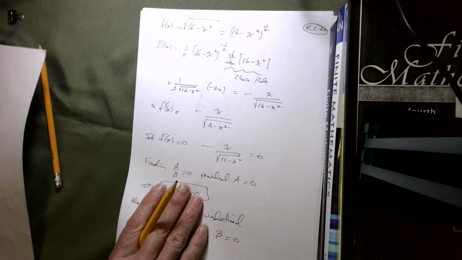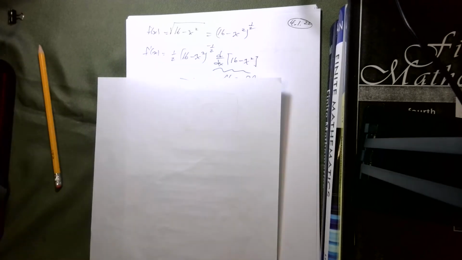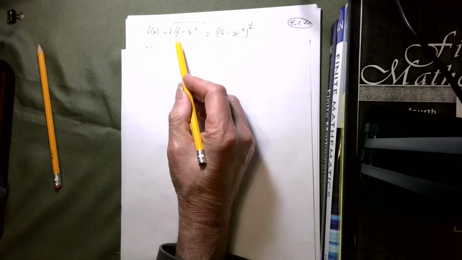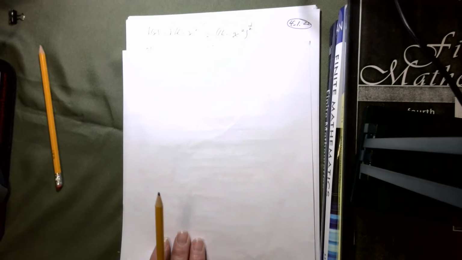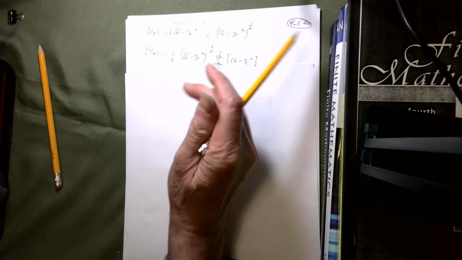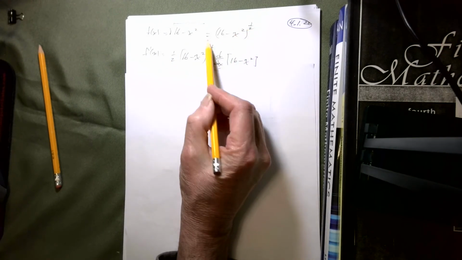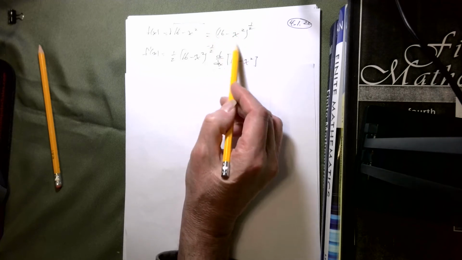All right, let's take a look at the next thing. So now, when I take a derivative, I've got to rewrite the square root as a power of 1/2. So this is a power rule and chain rule. The 1/2 is going to come down, you're going to subtract the 1, but then you have to take the derivative of the stuff that's inside.